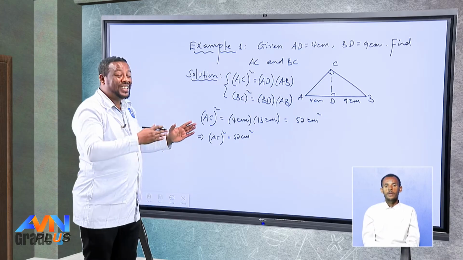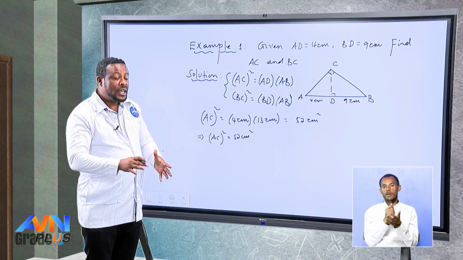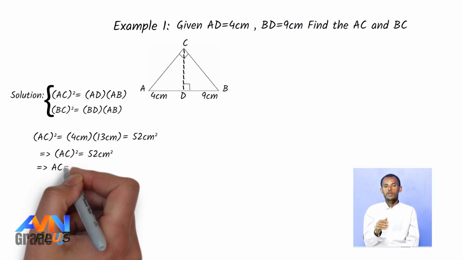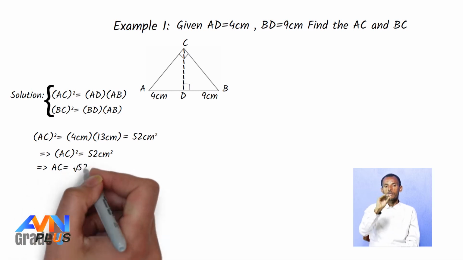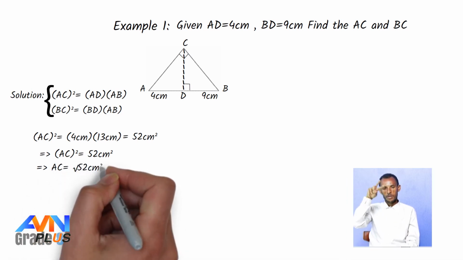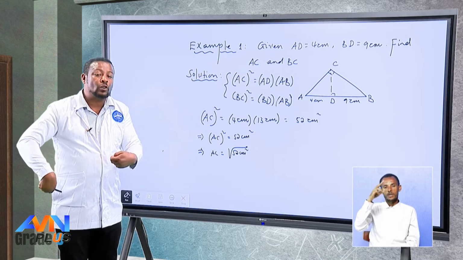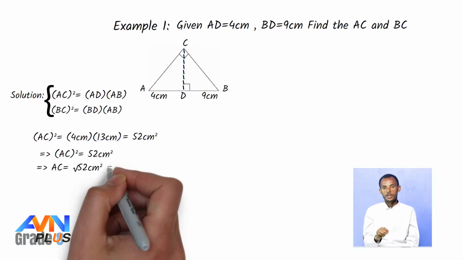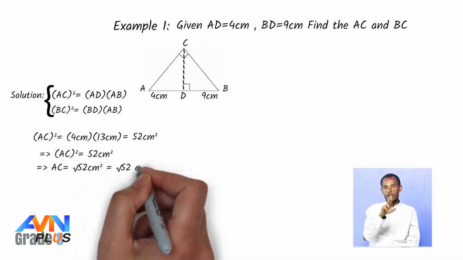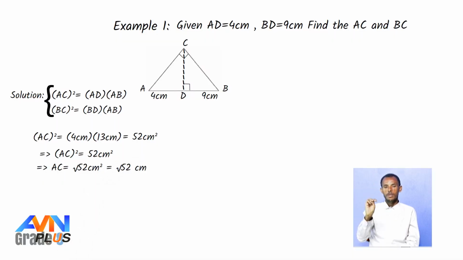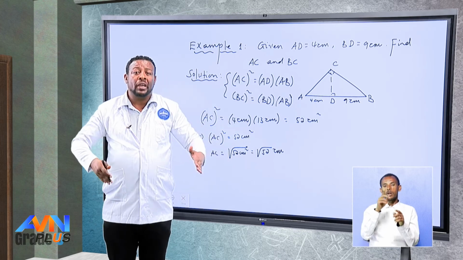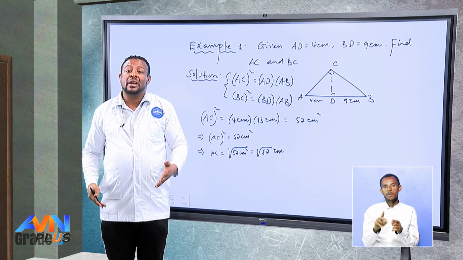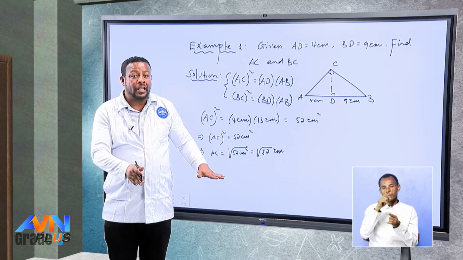Okay, now you can take the radical on both sides, then AC becomes square root of 52 centimeter square. Okay, this centimeter square can be taken out from the radical, it becomes centimeter. So this is radical 52 centimeter. Okay, in your answer you may not directly obtain radical 52 because there are different ways to write a certain number.